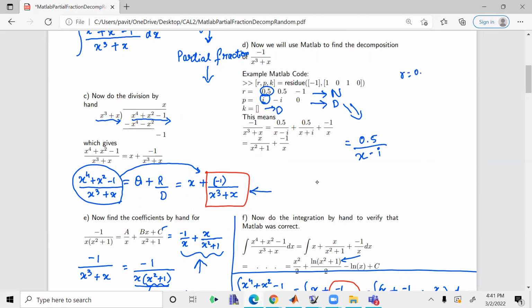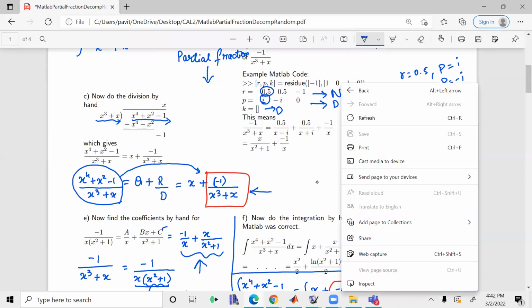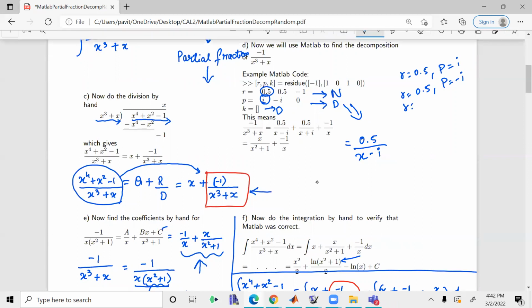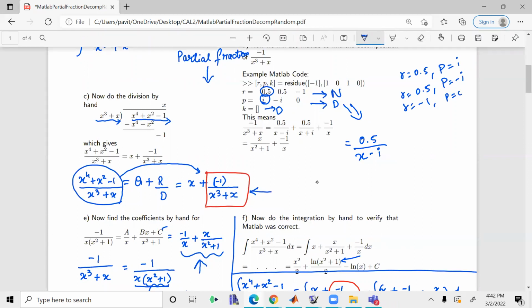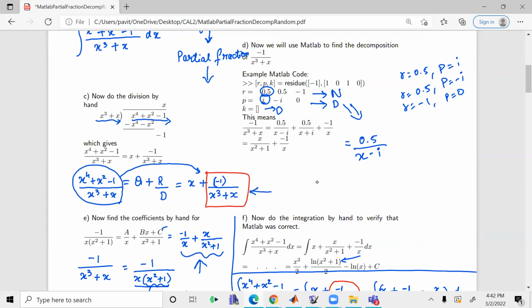So I have R equal to 0.5. So when R is equal to 0.5, P is equal to I, right? When R is equal to 0.5 again, P is equal to -I. When R is equal to -1, P is equal to 0. That's what we have here.